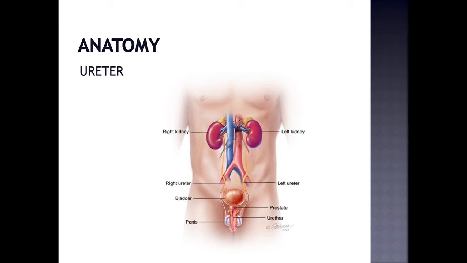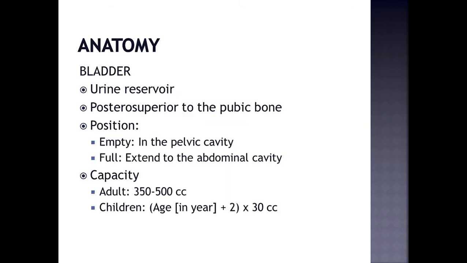So again, our representation of the KUB system, that is kidney, ureter, and the bladder, and then the urethra. Talking about the urinary bladder, it is the reservoir organ for the urine. It lies posterior to the pubic bone.